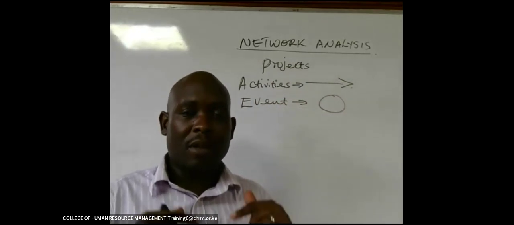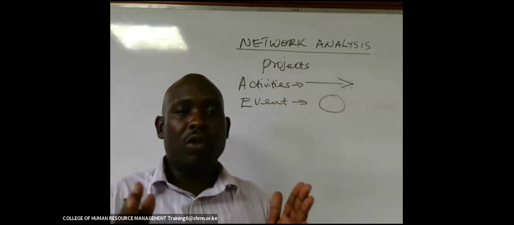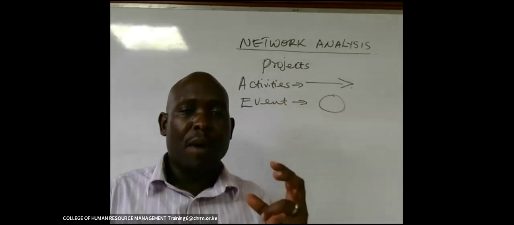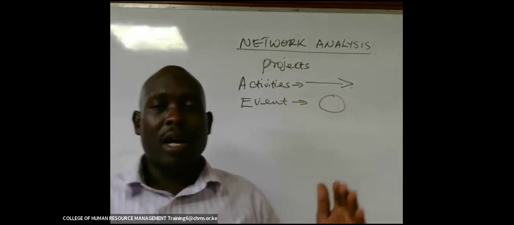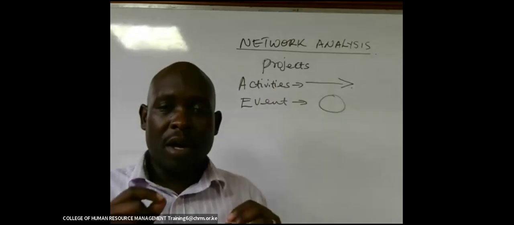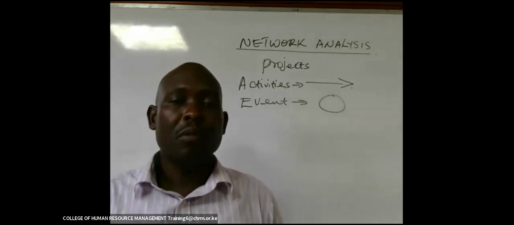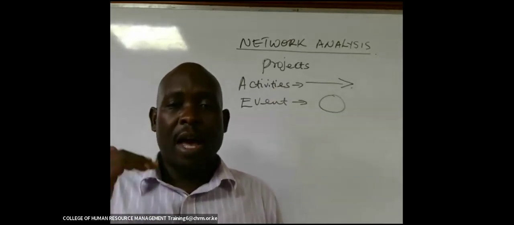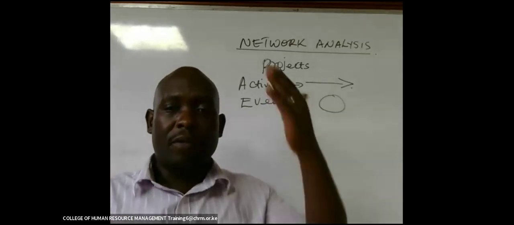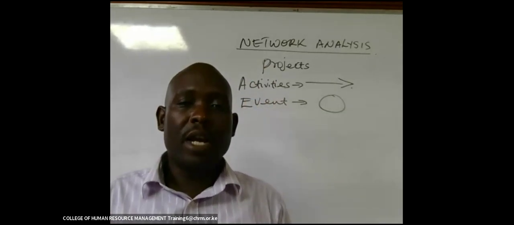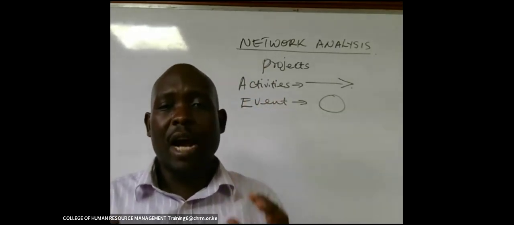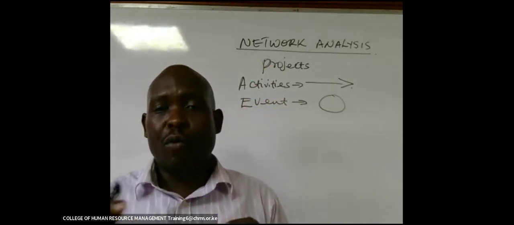In our previous class, we introduced this particular topic. We talked about the rules of drawing the network. The network will start from left to right. We said the activity can start when the preceding activities have been completed. We said we should avoid the issue of danglers and the issue of loops.